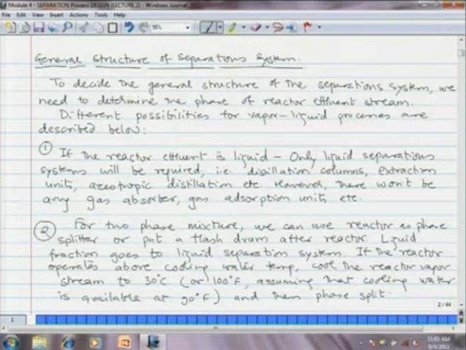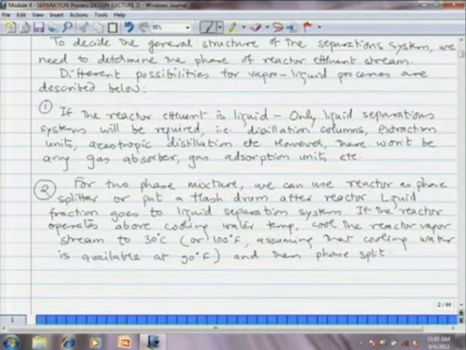There are different possibilities for vapor liquid processes as below. First, if the reactor effluent is completely liquid, then only liquid separation systems will be required, such as distillation column, extraction units, azeotropic distillation, etc. However, there will not be any gas absorber, gas absorption unit, etc.